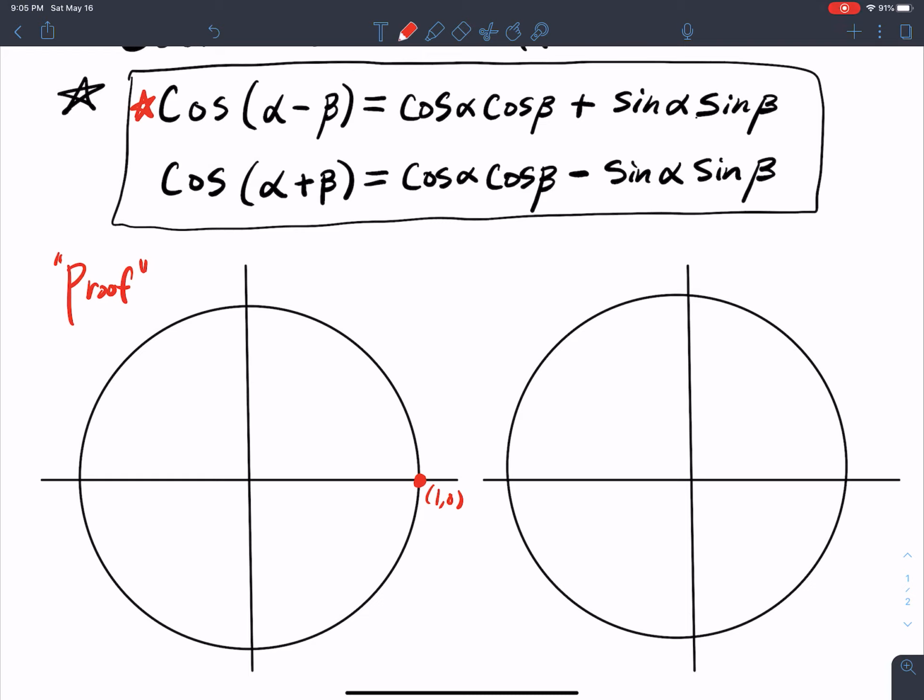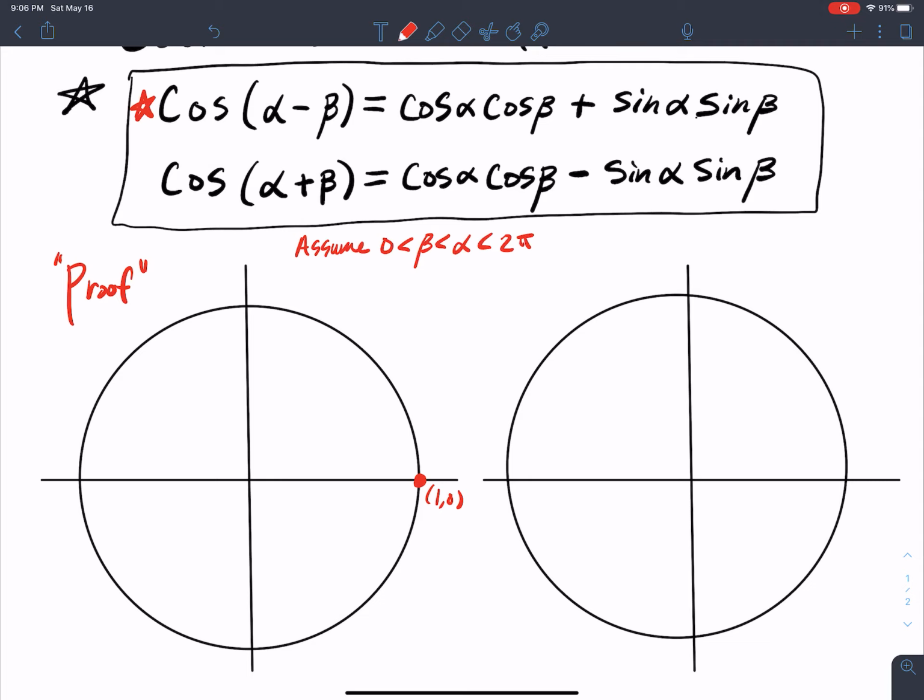So for this proof, I'm going to assume that beta is less than alpha, which is less than 2 pi. Now this works for any alpha and beta, but without loss of generality, I'm just going to make these assumptions here. And I'm going to start by putting alpha and beta in standard position.